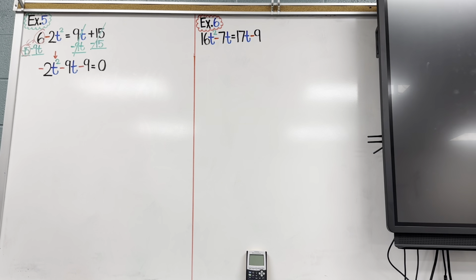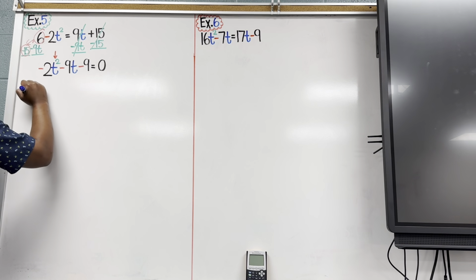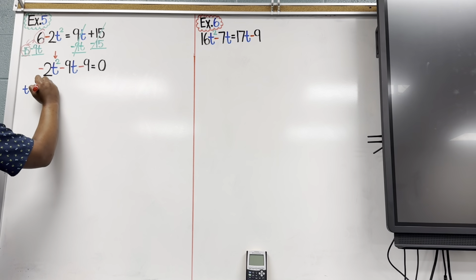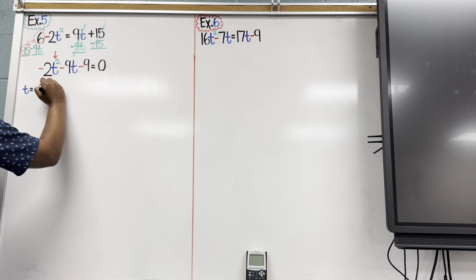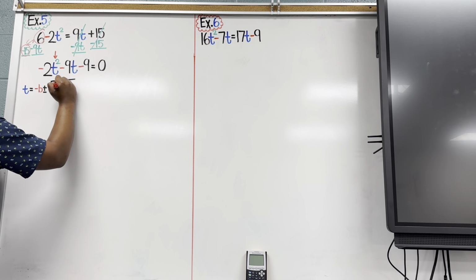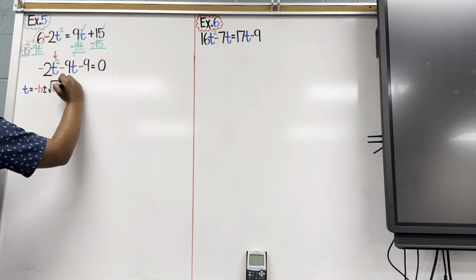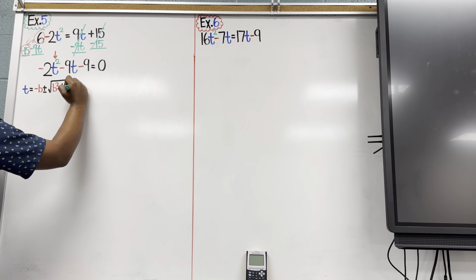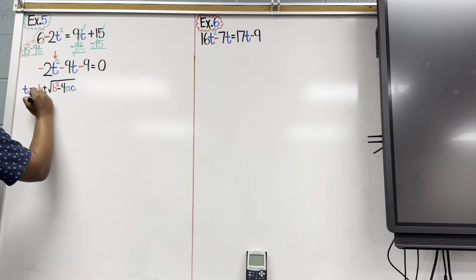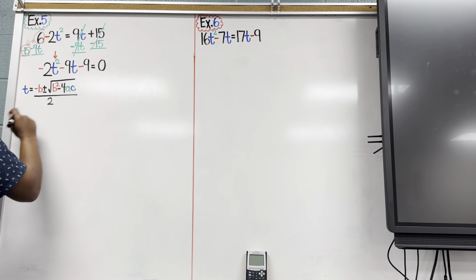Remember, the quadratic formula is, and once again usually the variable will be x, but in this case the variable is t, so we're going to say t equals negative b plus or minus the square root of b squared minus 4 times a times c, all divided by 2 times a.